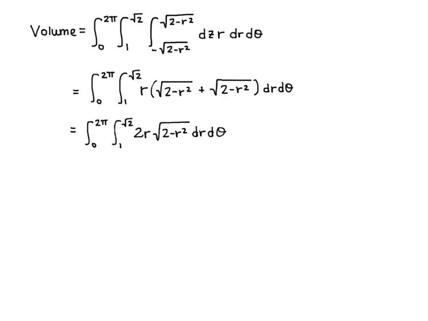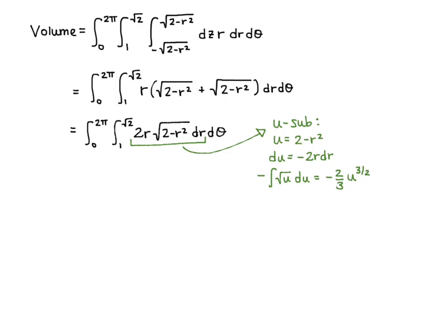I want to do a quick u sub on the integrand. So I'm going to let u equal 2 minus r squared. du is negative 2r dr. And so my integral becomes negative integral of square root of u du, so negative 2/3 u to the 3/2. When I plug my u back in, the 2 minus r squared, I get negative 2/3 (2 minus r squared) to the 3/2, evaluated from 1 to square root of 2.